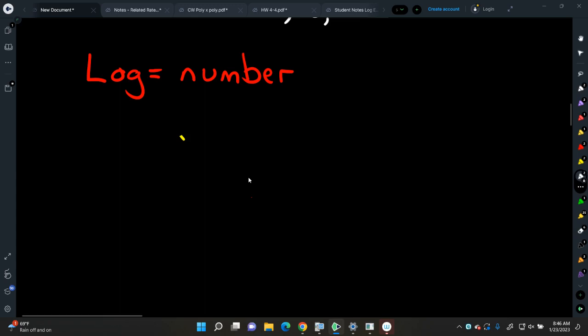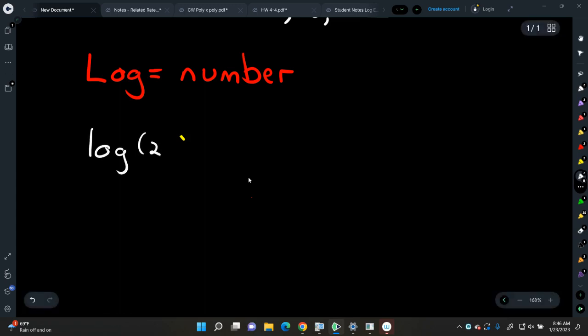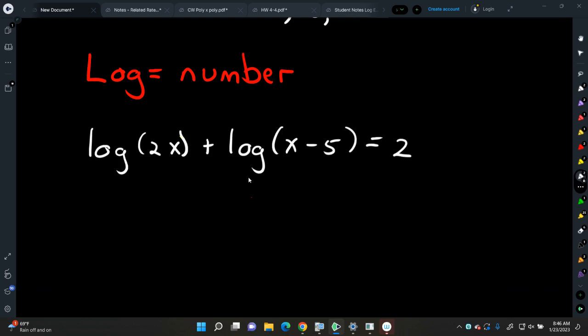Okay, let's look at this one. Let's look at log 2x plus log x minus 5 equals 2. What makes this one different than what we've been doing so far? Logs on the same side. There's more than one log on one of the sides, right?